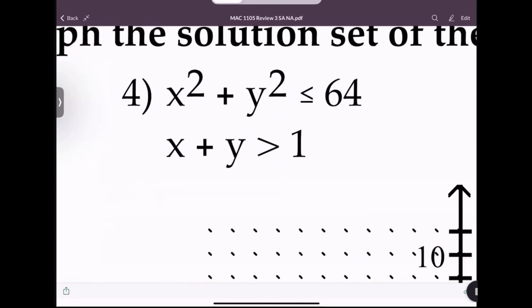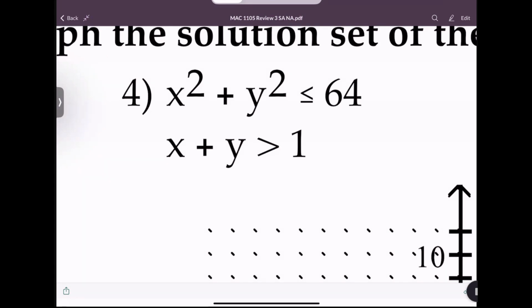All right, let's look at 4. The first equation is what? Equation of a what? Circle. Because x is squared, y is squared. That's why it's a circle. Center is at 0, 0, and the radius is 8. Is it shaded on the inside or the outside?